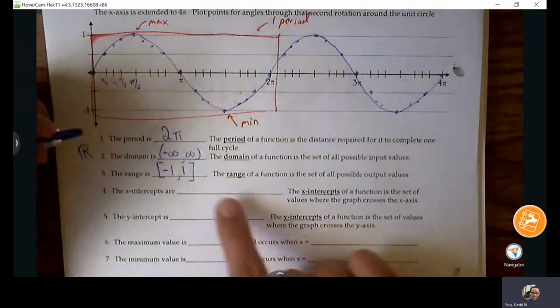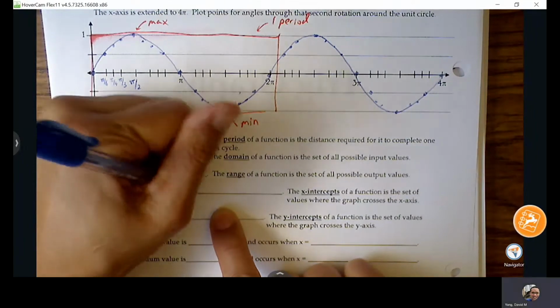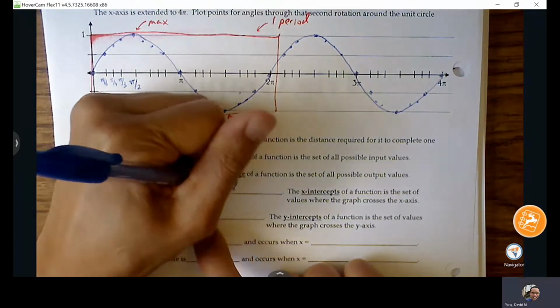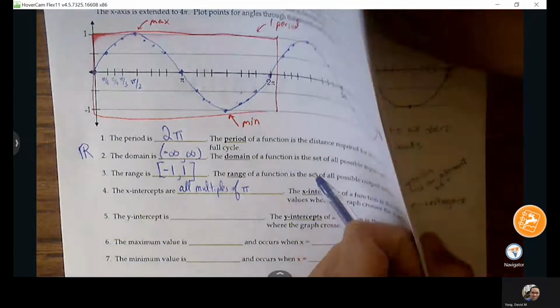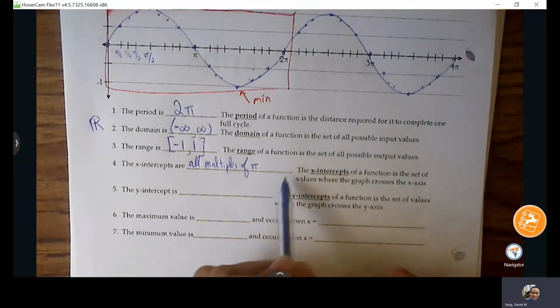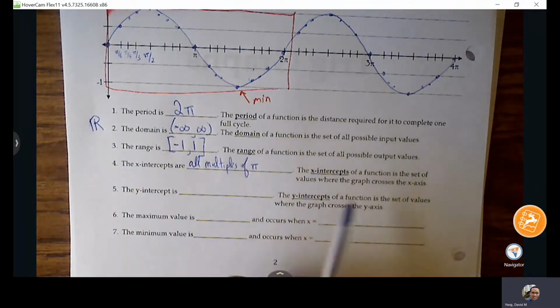So we can say all multiples of pi. It can be negative pi, -2 pi, -3 pi, or in the positive direction, 3 pi, 4 pi, 5 pi.